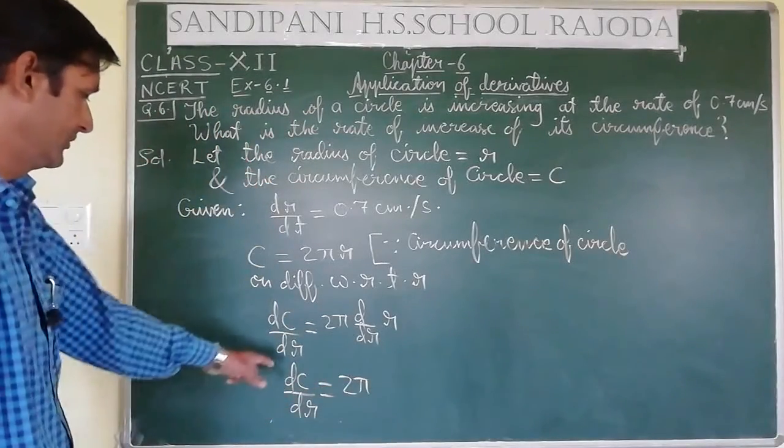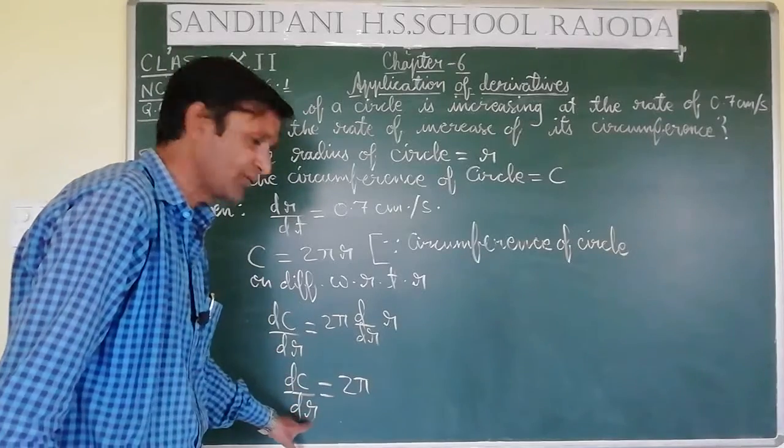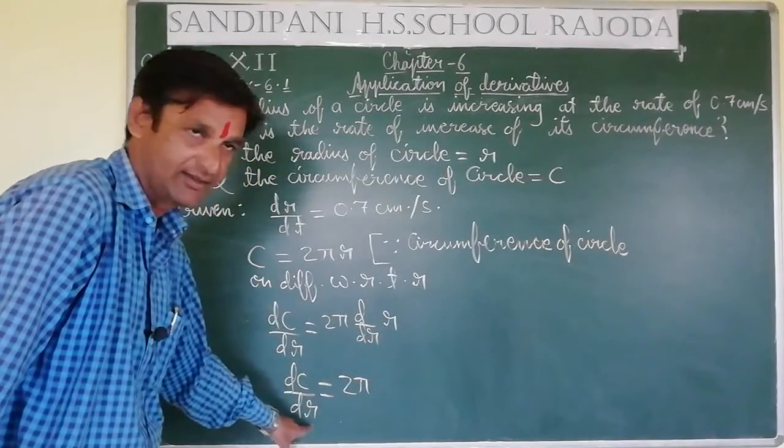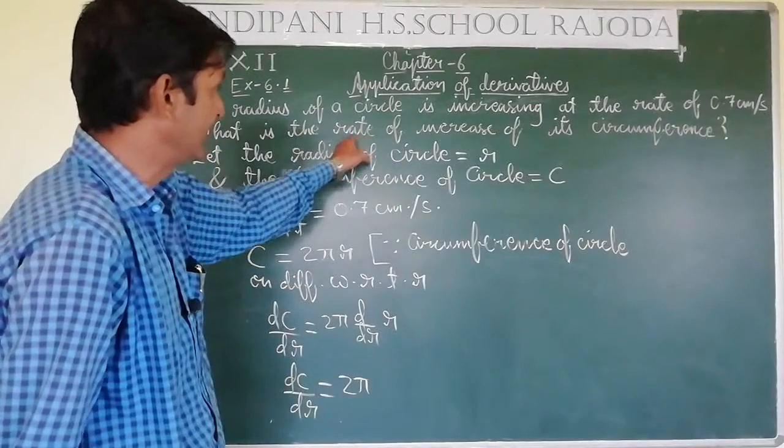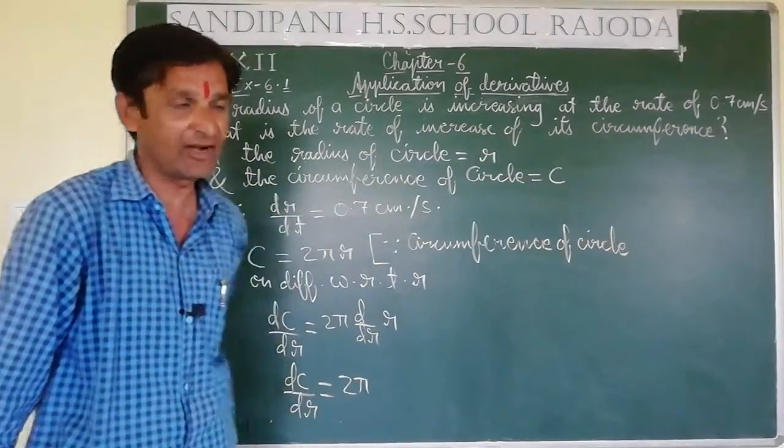This is the change in circumference with respect to radius. Now what is required? Change in circumference with respect to time is needed, because the rate of increase of its circumference is asked.